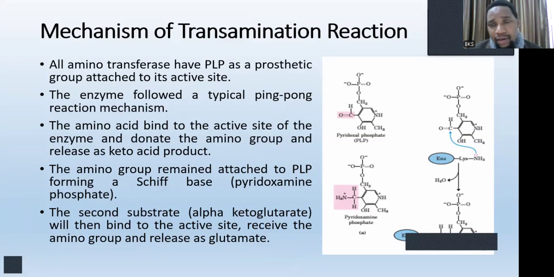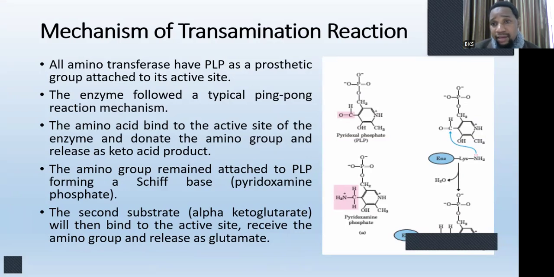So in the amino acid transfer reaction, the amino acid that contains the amino group that needs to be given out will come and enter the active site of this enzyme.